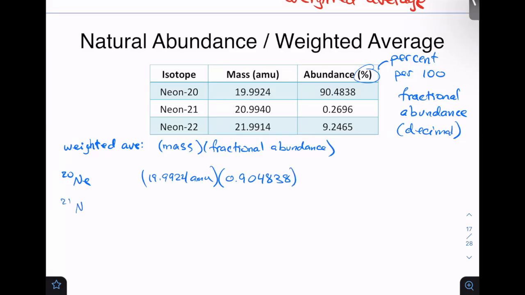For neon 21, we have a mass of 20.9940 AMU, and its fractional abundance is 0.002696.